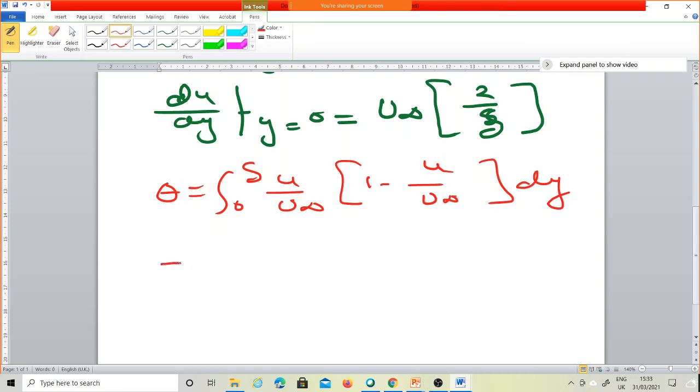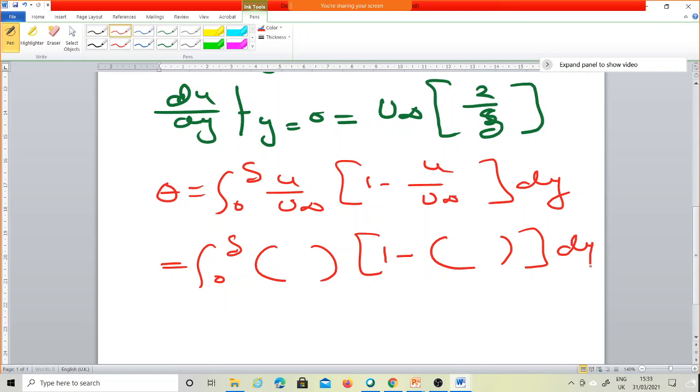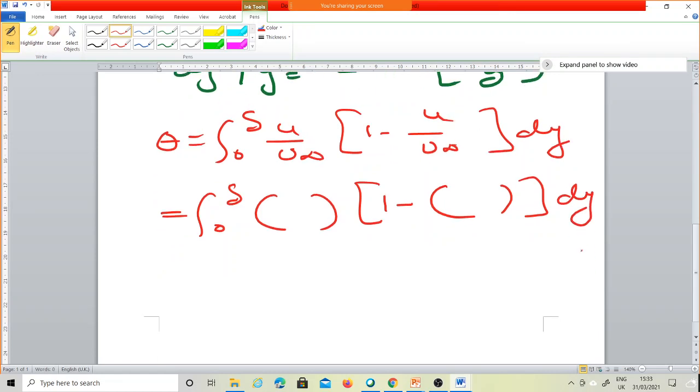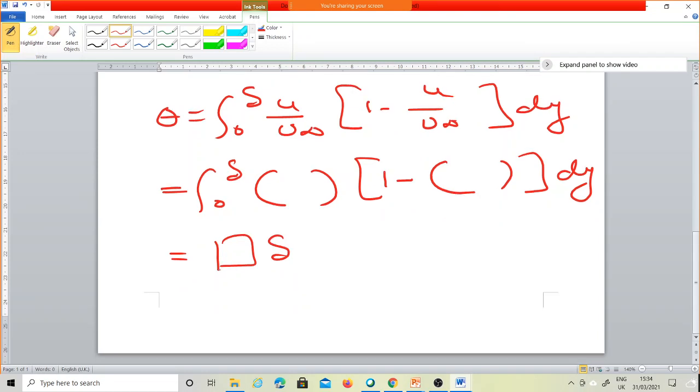So just put the values there, 0 to delta, and then 1 minus, put the values, and then you integrate. You already know how to do it, I think you already calculated theta before. So if you do the integration, in short, you will have some constant that is a function of delta.